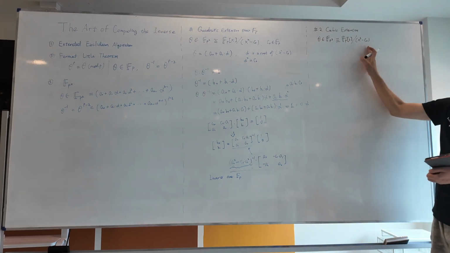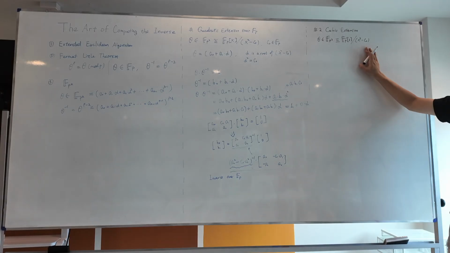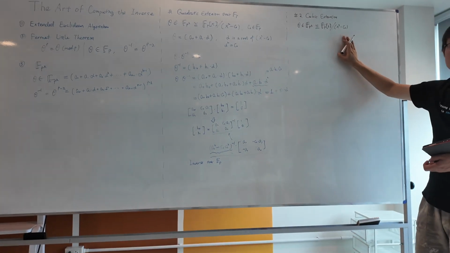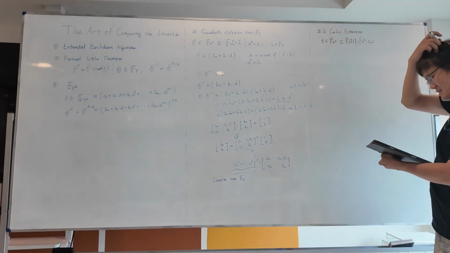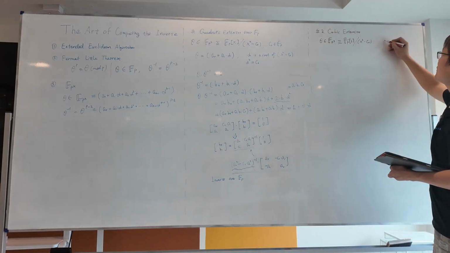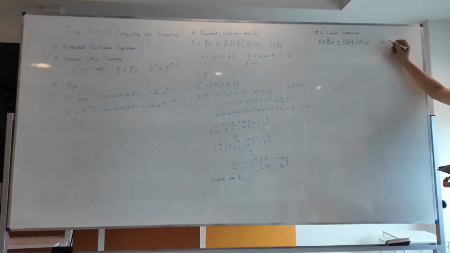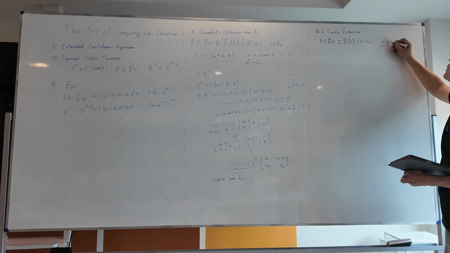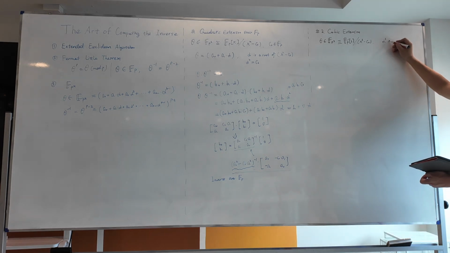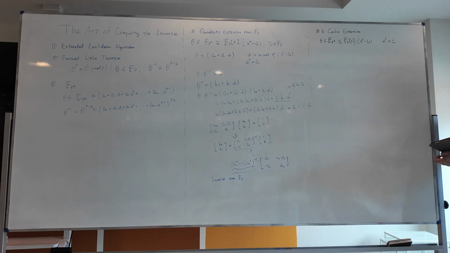We'll still use this kind of irreducible polynomial. It's called a binomial polynomial. Here is alpha. We will have alpha over the extended field, and alpha cubed equals C0.